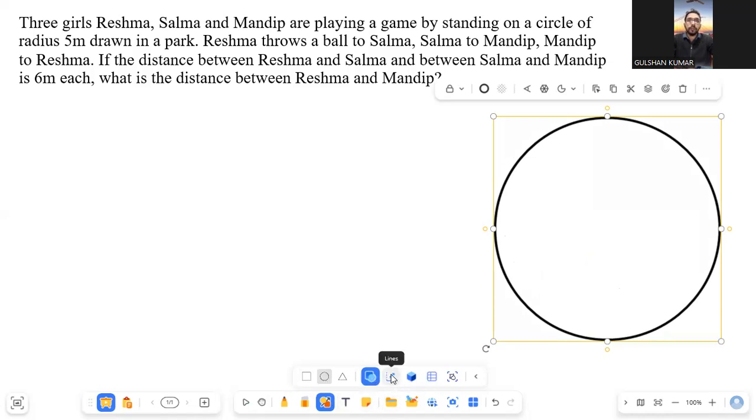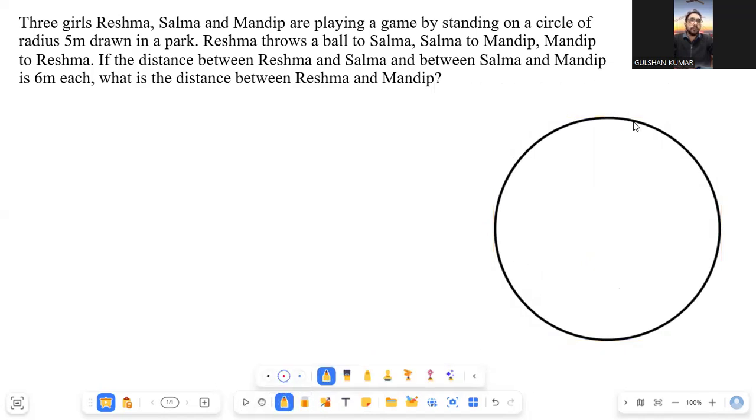Then we have a point. We have Reshma here, Salma is somewhere here, and Mandeep is somewhere here. Now we start marking them. This is our center.